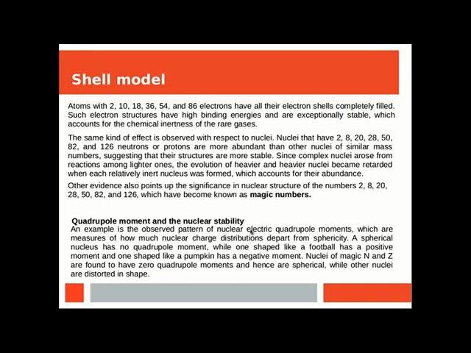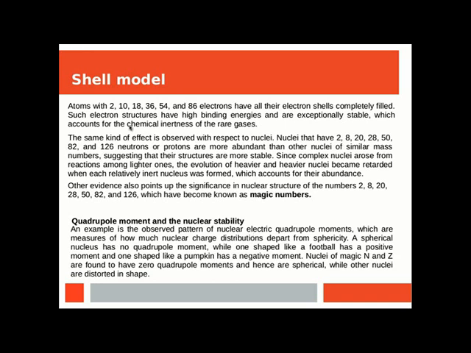The shell model is similar to that of electrons. We know that in case of electrons, the arrangement of electrons in an atom, if we consider the shell model of electrons, we see that there are certain numbers which give you the idea that this particular atom is going to be stable.